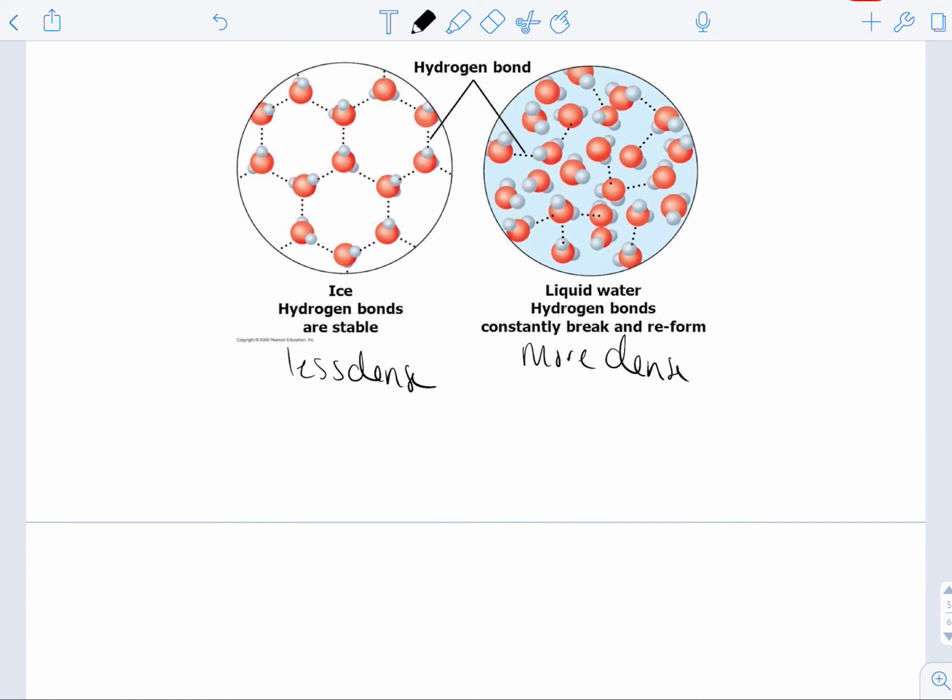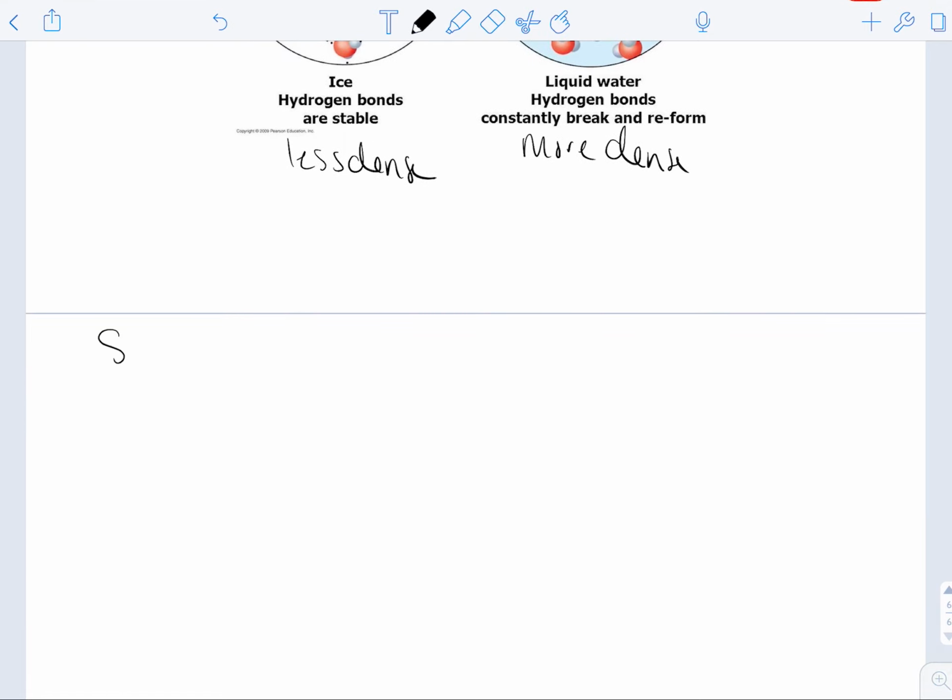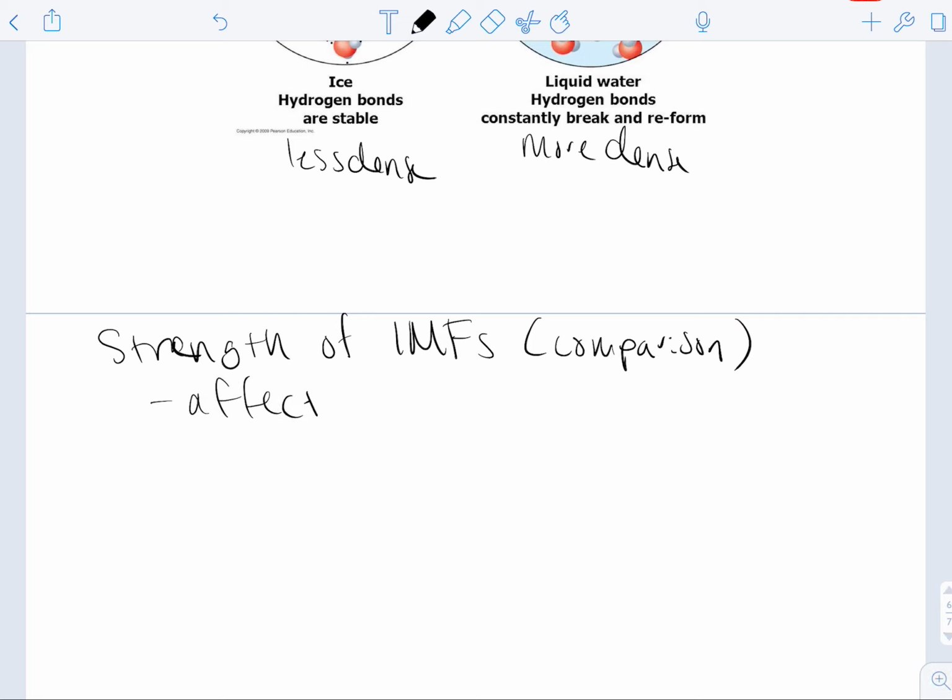Okay, let's last look at our strength of intermolecular force. Looking at comparison. Okay. If we're looking at our intermolecular forces, the strength is going to affect the properties we see in materials.